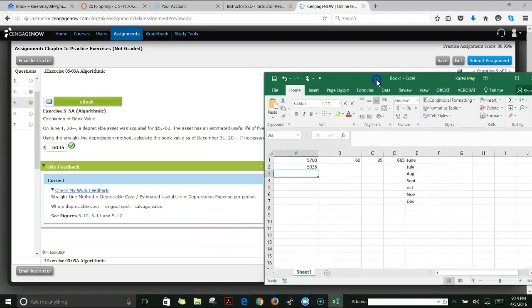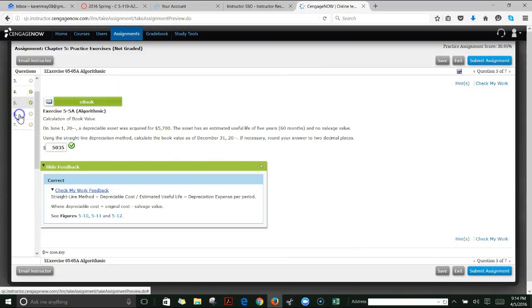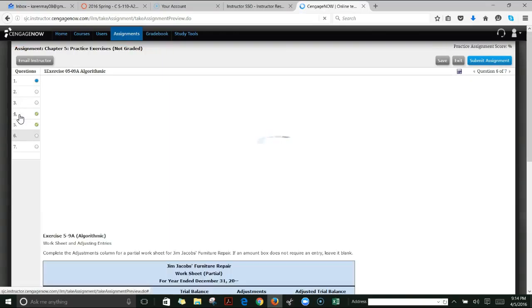I took the book value of 5,700. I divided it by the 60 months to get $95 per month in depreciation. We owned it 7 months, so it's $95 times 7 months, and then we take that and subtract it from our original value, and it's $5,035.